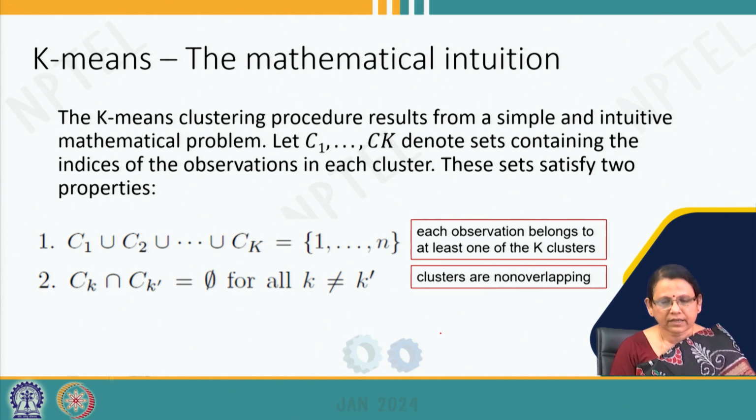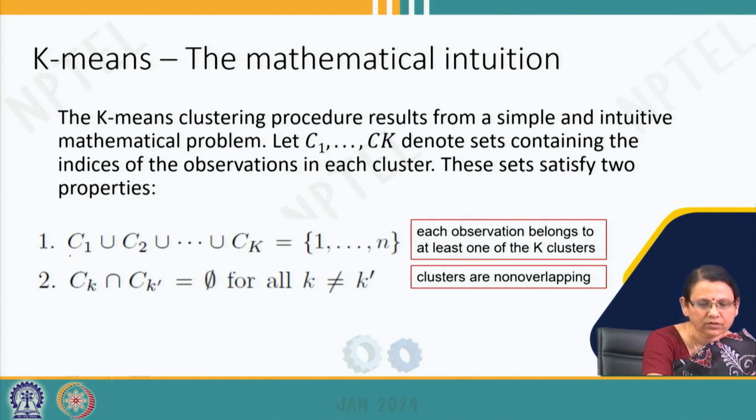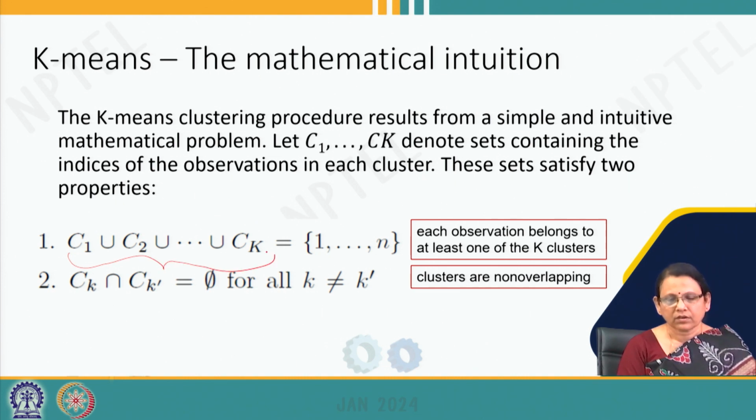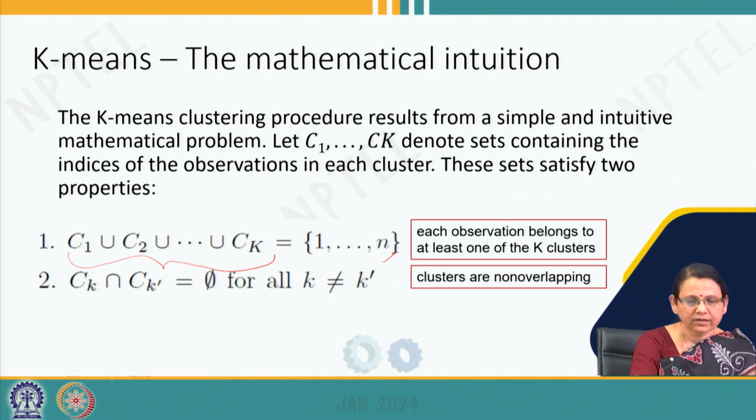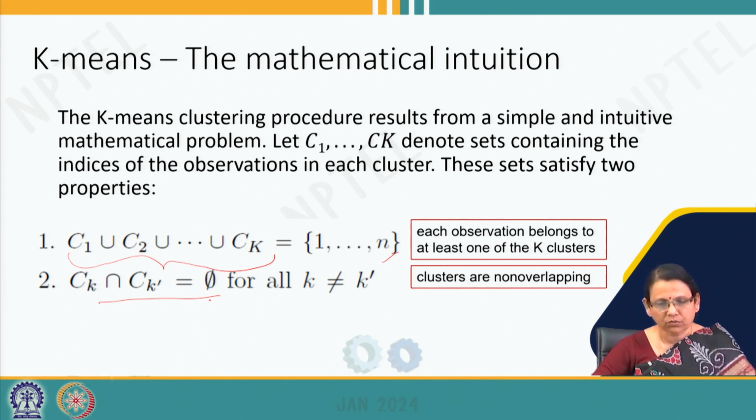If we take the union of all these clusters, this has to be n, and the intersection of any two clusters is phi. This means a particular point cannot belong to two clusters, or in other words the clusters are non-overlapping, and that is what we saw here.